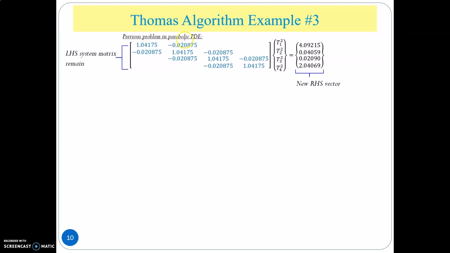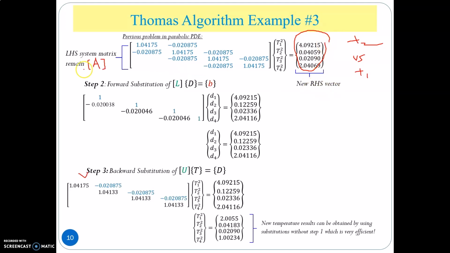In the previous problem of the parabolic PDE chapter, we obtained this finite difference equation at T2. If you compare it with the finite difference equation at T1, you will see that on the left-hand side, your system matrix A remains unchanged. Your output vector has changed to a new right-hand side vector. If your system matrix A remains unchanged, then your L matrix and also the U matrix will remain the same as well.